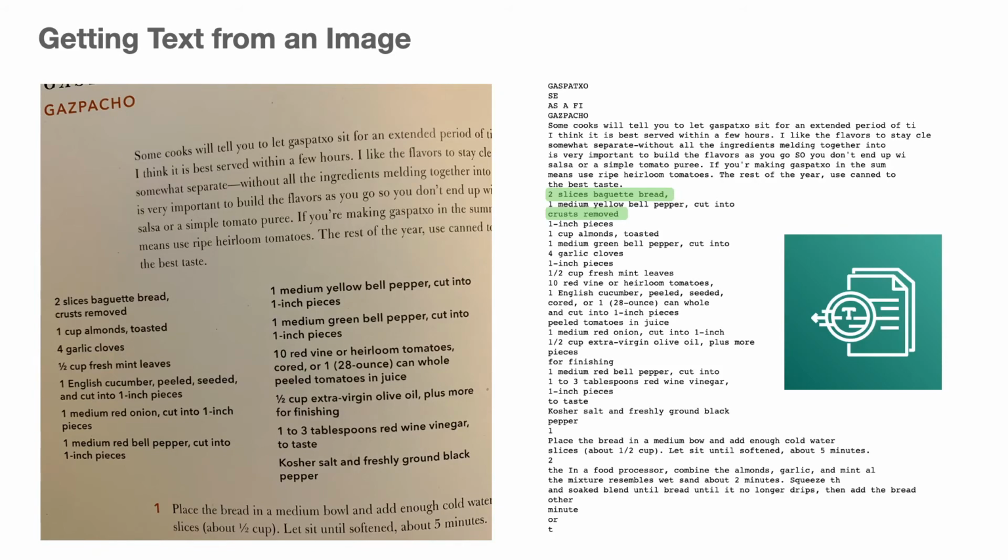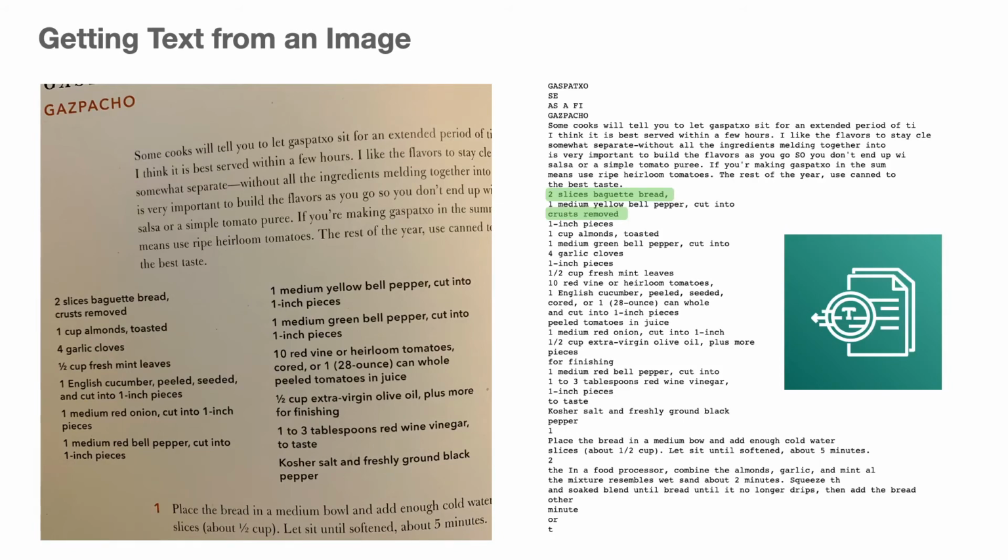Computers aren't so good at that contextual piece. Over on the right-hand side, you can see that 2 slices baguette bread and crust removed are on 2 different lines of the Textract output. Remember, Textract is only going to show you the words that are identified. It isn't going to try to put together the contextual awareness.